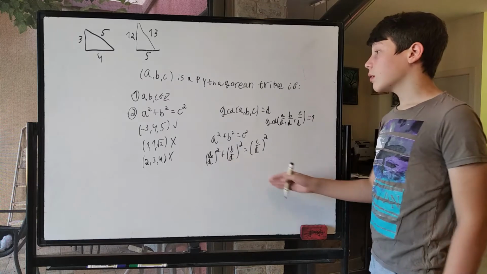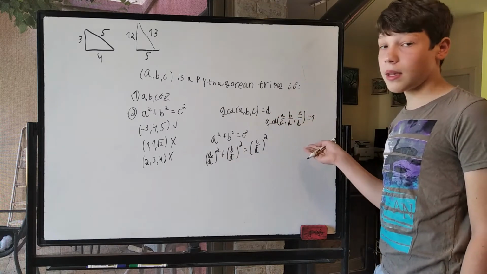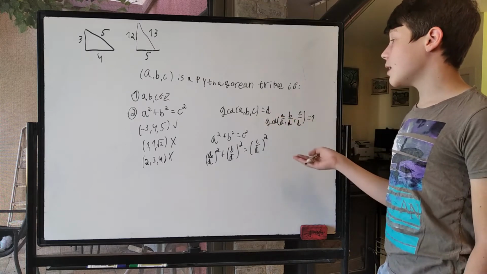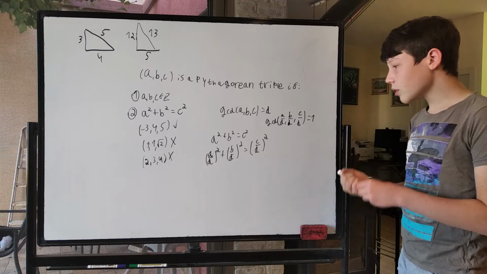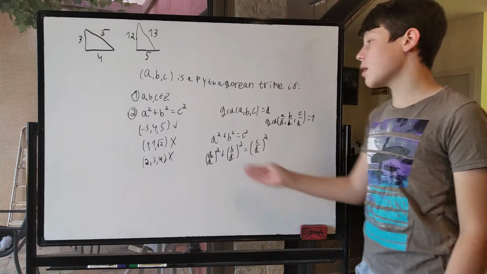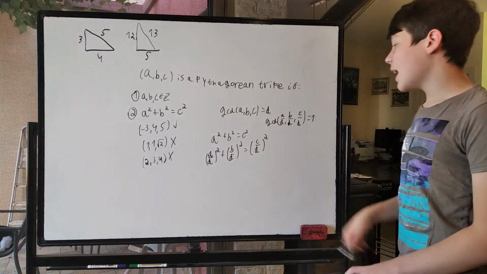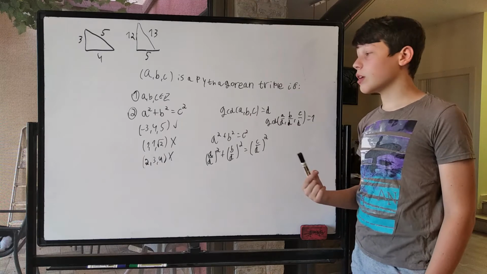And because D divides into A, B, and C, because that's just the definition of GCD, it's a requirement, we know that these three are whole numbers. Of course, we just saw they satisfy this equation, and their GCD is 1. So this is a primitive Pythagorean triple.